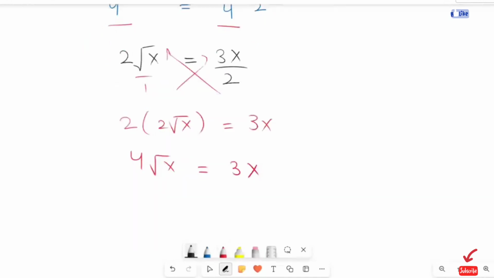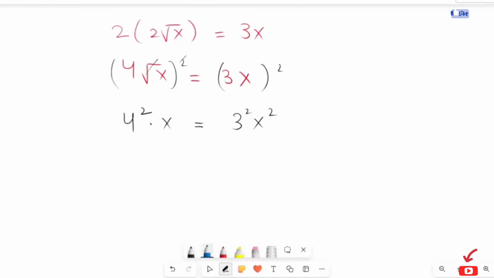Now here I want to get rid of this root, so I am going to square both sides. It will turn to 4 squared, and this will get cancelled with this root, so I have x remaining, is equal to 3 squared and x squared. Here the equation will get 16x is equal to 9x squared.